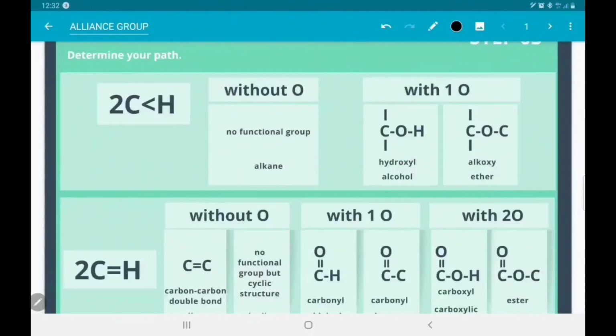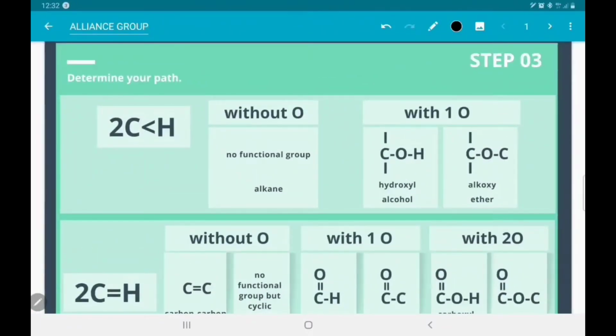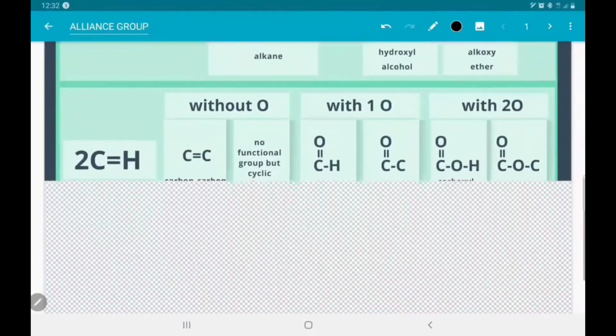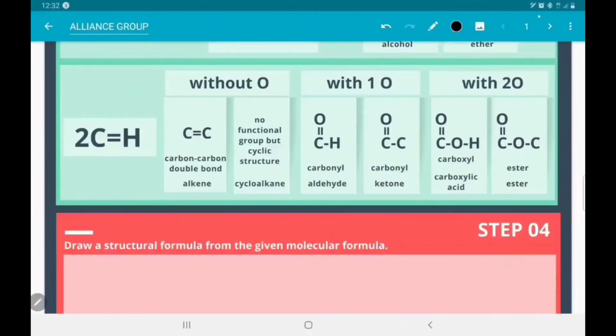Step 3, choosing our path. So we have 2C equals H and we have 2 oxygen. 2C equals H means that we have C double bond. And we have 2 oxygen. Therefore, the functional group is C double bond bonded with one O and another O. If the compound has 2 O, the homologous series are carboxylic acid and ester.